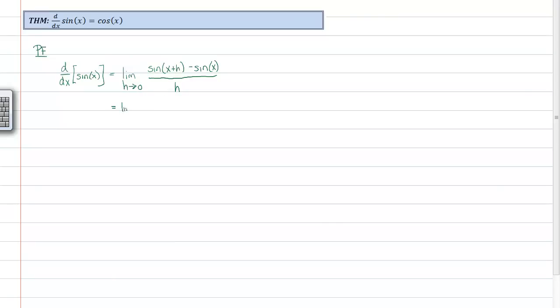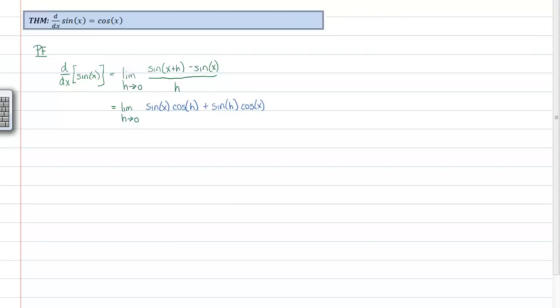So this will just turn into the limit as h approaches 0, and from your trigonometry prerequisite, you do know that the sine of x plus h can be rewritten as sine of x times cos of h plus sine of h times the cosine of x.